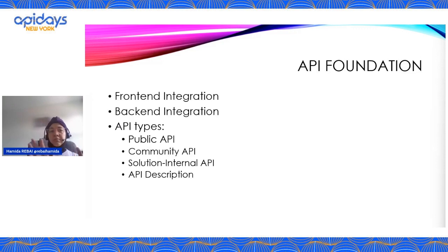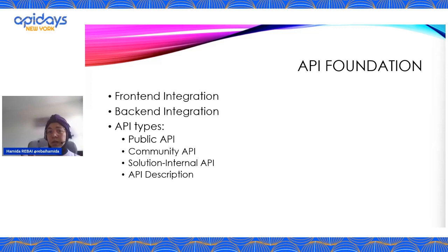Now we see briefly the API foundation, that is a basic set of principles and best practices. It guides you in the development and implementation of your APIs. It can include considerations related to front-end integration, backend integration, and different types of APIs like public, community, solution, internal APIs, and any API description.